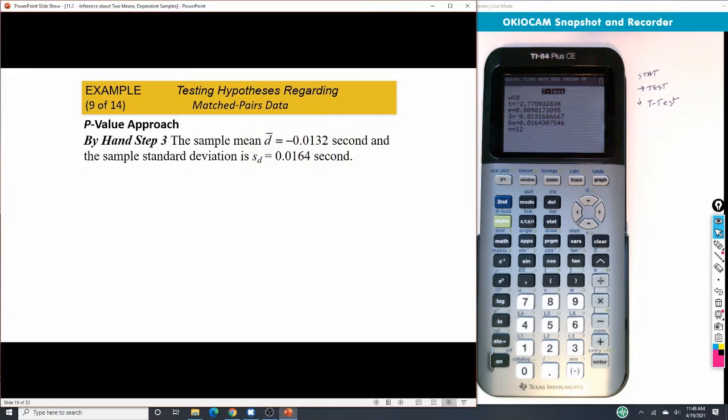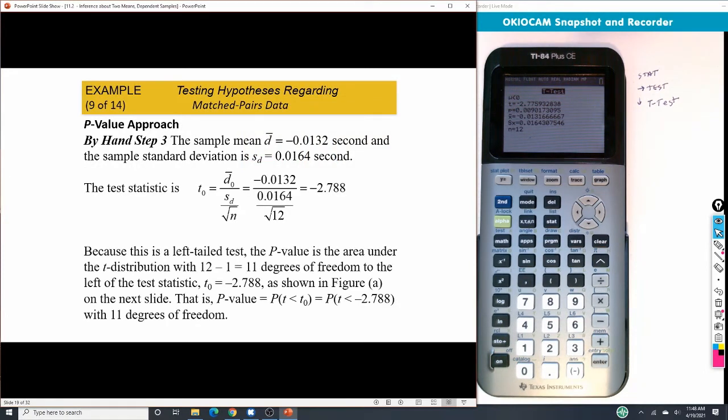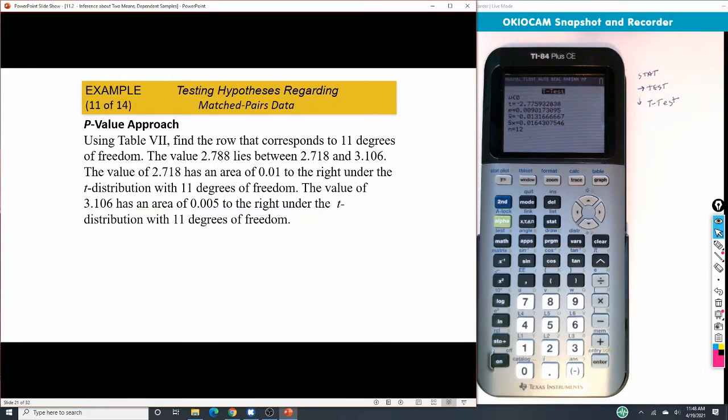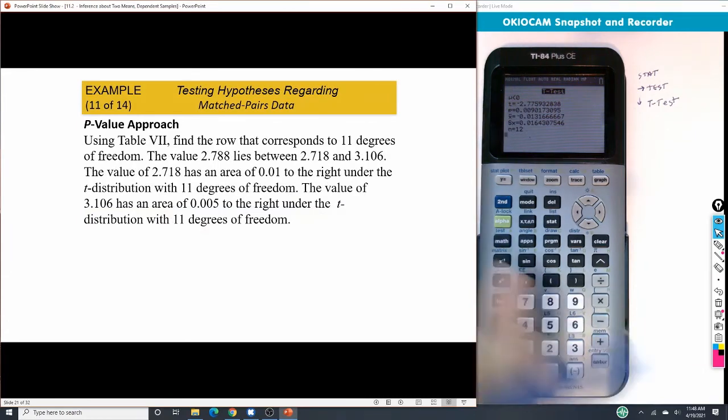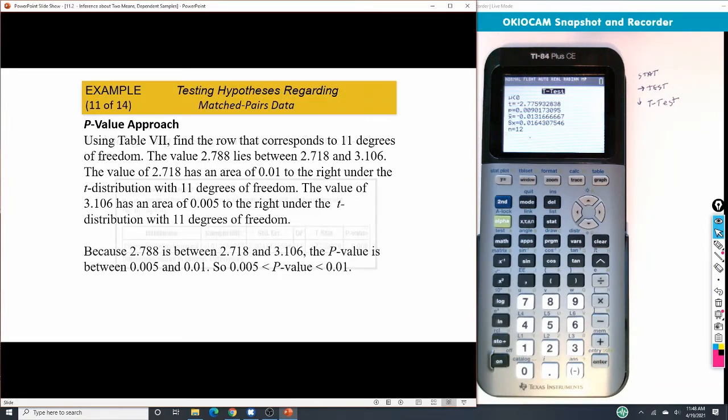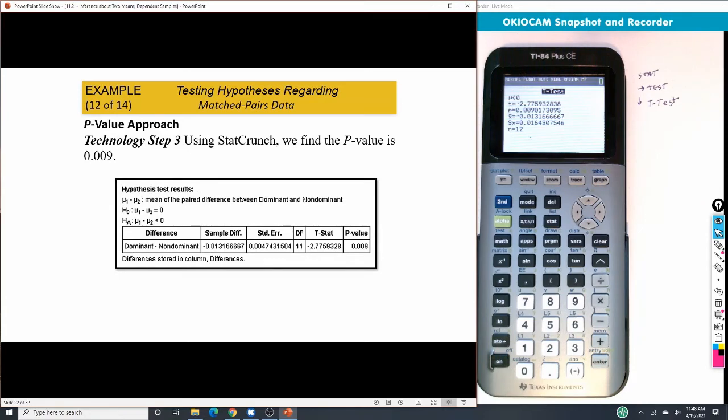All right, now what about the p-value? So we go through, we look at all those things, and then we calculate where they're at on those. Now, we have the p-value already. It's 0.009. Okay, that's a very small number on those things. But since it is really small, we know that we're going to be able to reject that, okay?